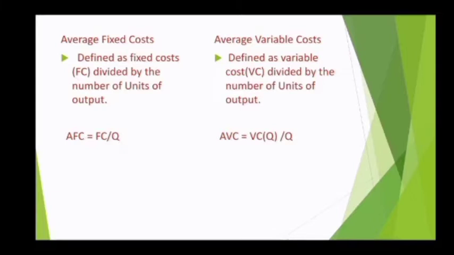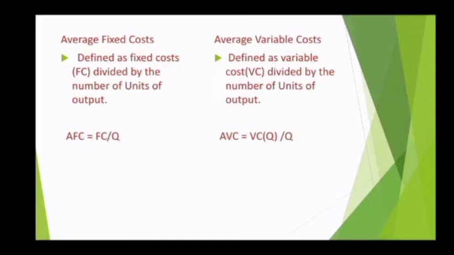Since fixed costs do not vary with output, as more and more output is produced, the fixed costs are allocated over a greater quantity of output. So that's the average fixed cost. It talks about fixed cost.